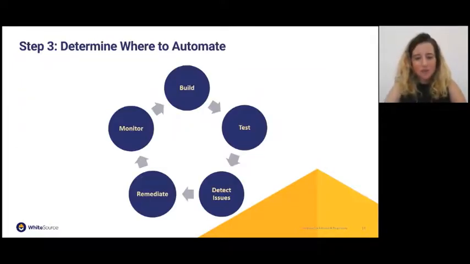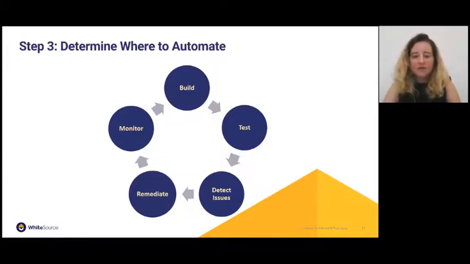The next step would be to determine where to automate, right? So we have the build stage, then we have the automated tests or the manual tests. We want to detect the security issues as early as we can. We want to remediate them, and then we want to keep on monitoring. So it's one thing to actually implement security in the life cycle, but it's another thing to monitor my existing production software and verify that there are no new vulnerabilities that are being detected.